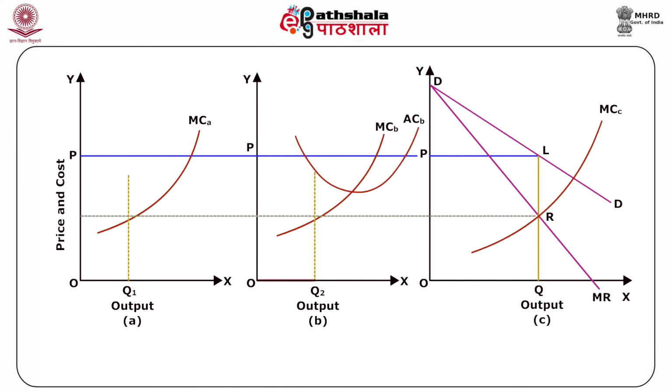Thus, for firm A and firm B, the output quota is fixed at OQ1 and OQ2 respectively. It is observed from figure 1 that the total output OQ is equal to the sum of OQ1 and OQ2. That is, OQ is equal to OQ1 plus OQ2.